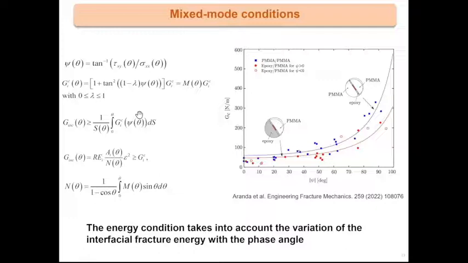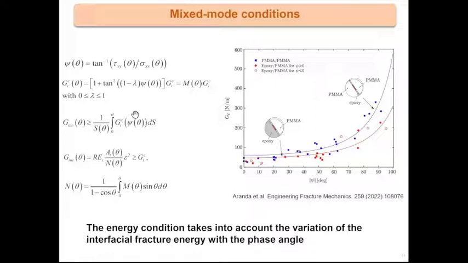For example, just look at these nice and recent results from the University of Seville. They made experimental tests with Brazilian test geometry. Here they have an interface, a glued interface, and you can see that the interfacial fracture energy is increasing with the mode mixity, and it is easy to fit the parameter lambda to obtain this empirical law.